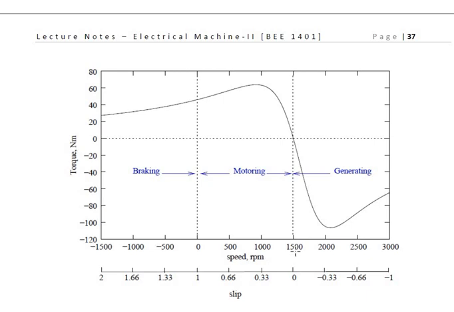So the generating region starts from ns to 2ns, where ns means synchronous speed and 2ns means 2 multiplied by the synchronous speed. In this generating region the torque is negative because we are providing torque to the rotor shaft by some external source.